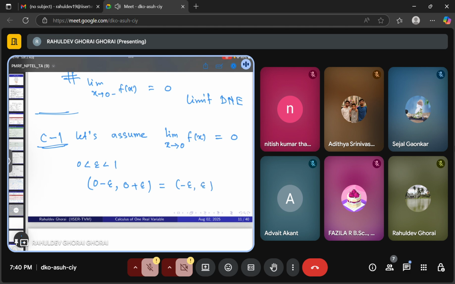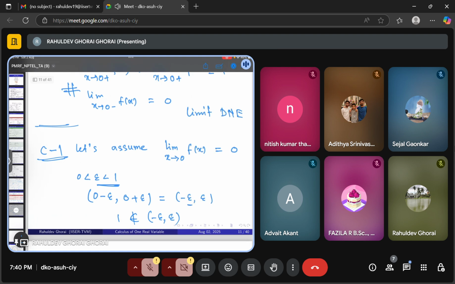Because epsilon is less than 1, 1 does not belong to minus epsilon to epsilon. This much is okay?